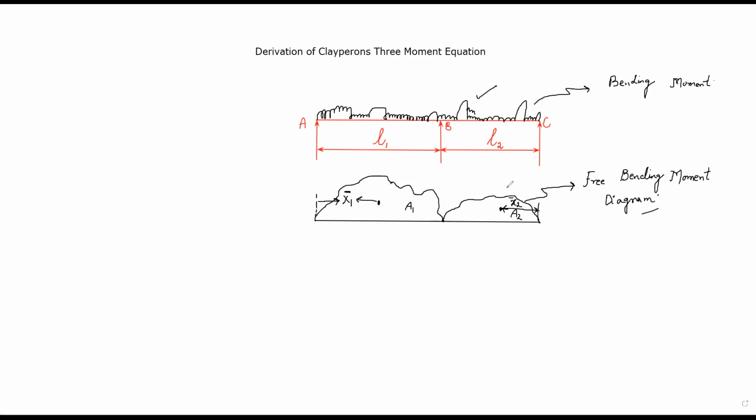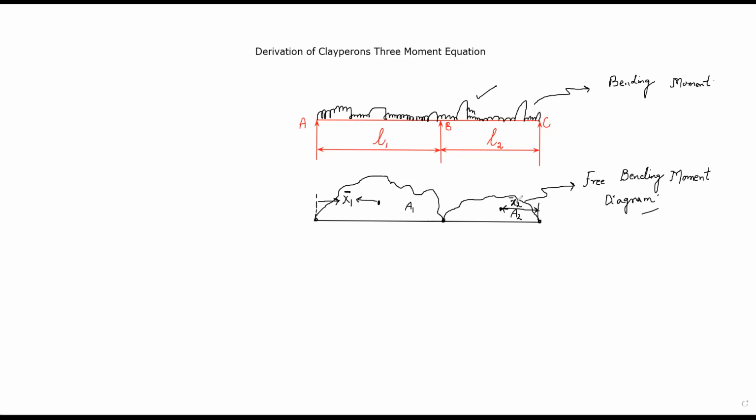Now, for this free bending moment diagram, we are treating the beam as simply supported, because here you are treating the bending moment value to be equal to 0, here equal to 0, and here equal to 0.